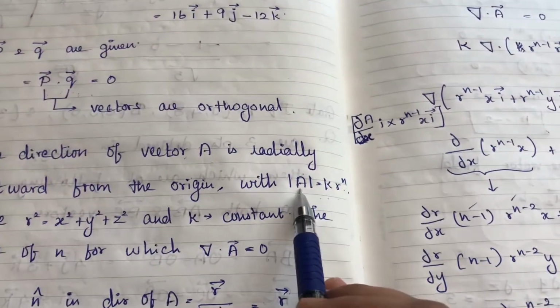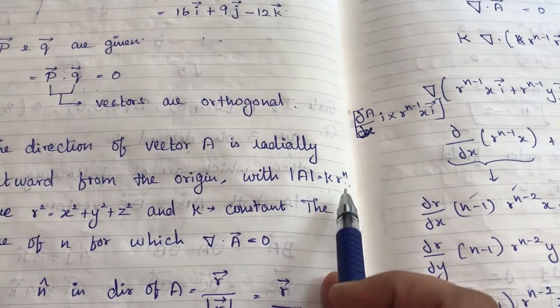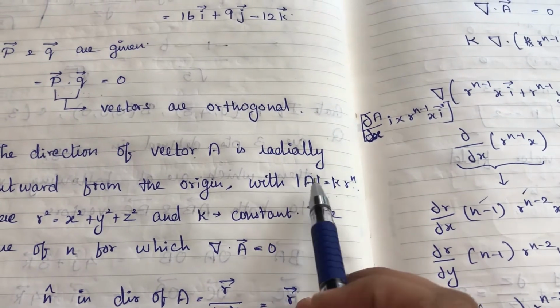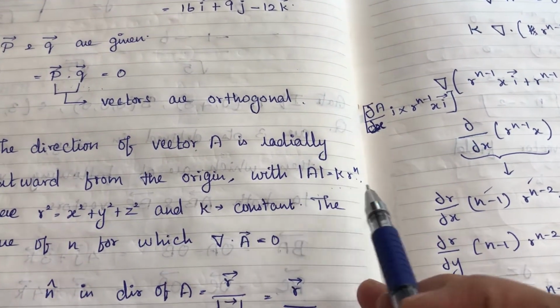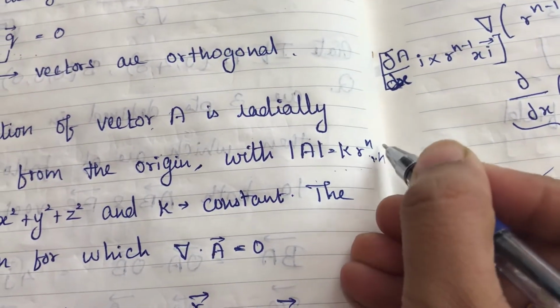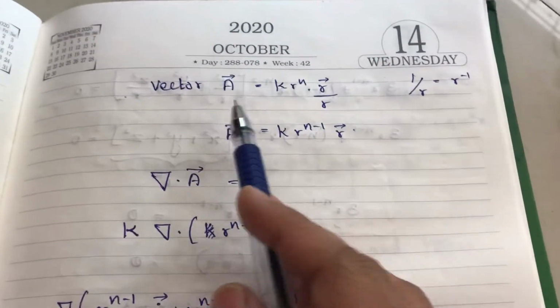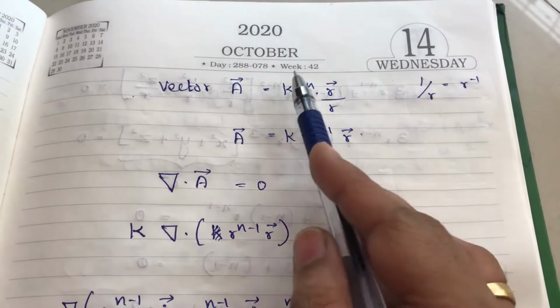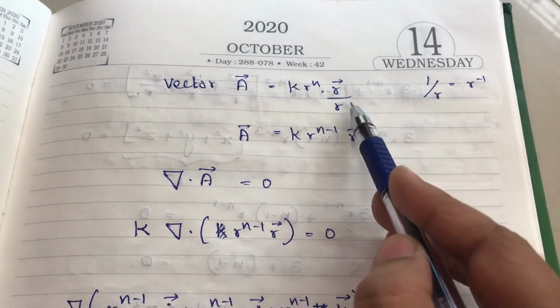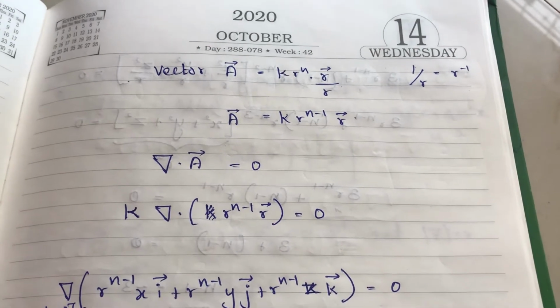They have given the modulus condition, so modulus is K into R power N. But I need the A vector. This is the modulus, so if I multiply it by N cap, I will easily get the vector. So A vector is equal to the modulus into N cap.